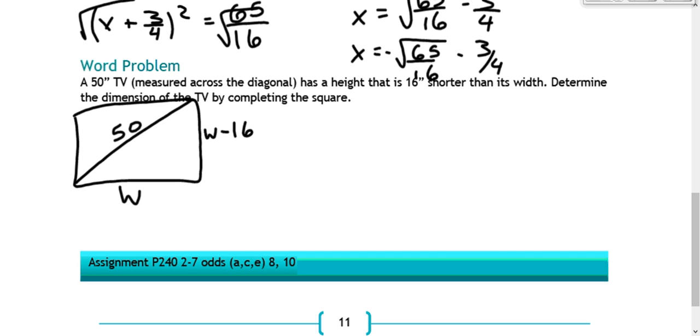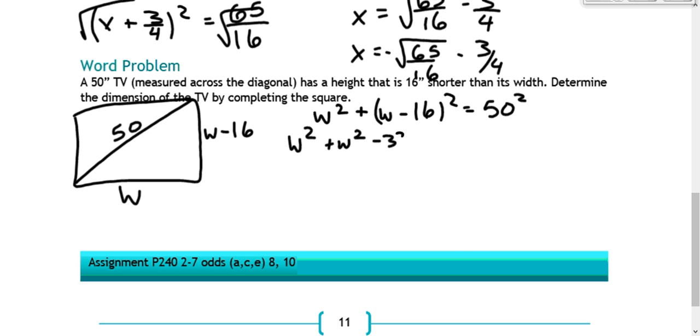So then if we do this, this is w squared plus w minus 16 squared is equal to 50 squared. This breaks down into w squared plus w squared minus 32w plus 256 is equal to 2,500.